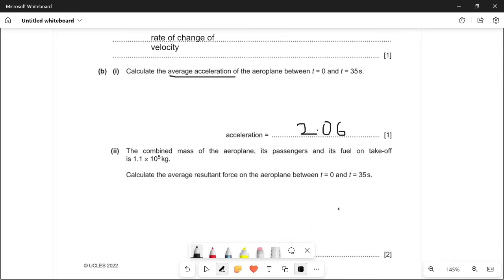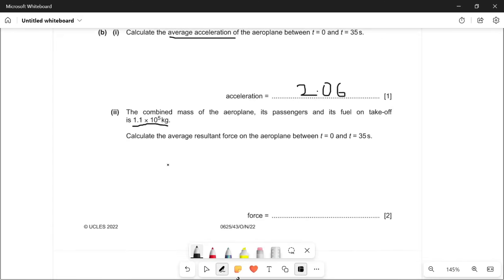When we move on to the next one, the combined mass of the airplane, its passengers and its fuel on takeoff is 1.1 times 10 to the power 5 kilograms. So we're given the mass, but it's in standard form. What I like to do is first change it into decimal form.